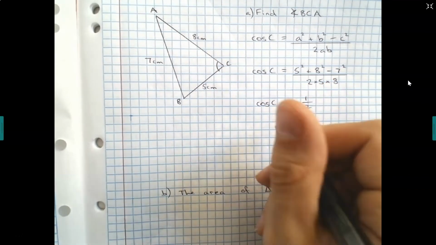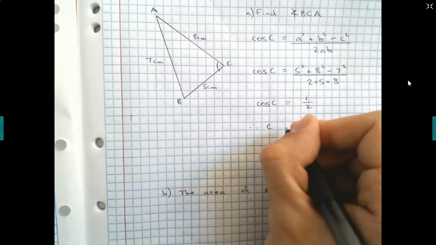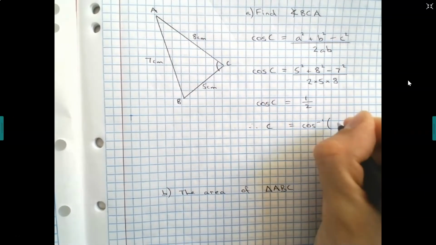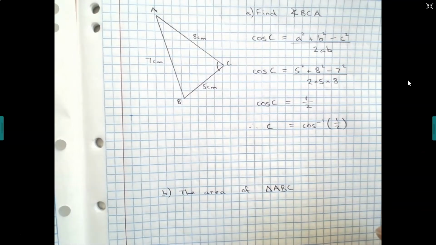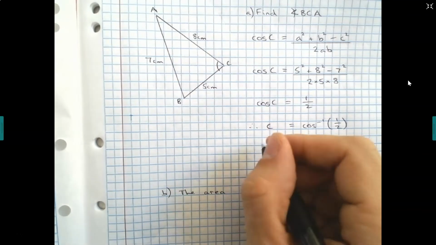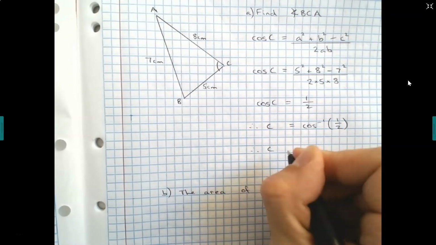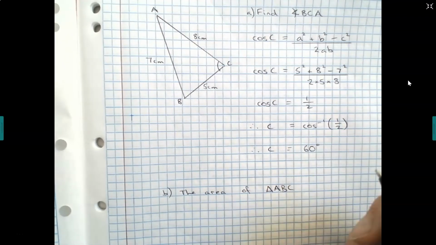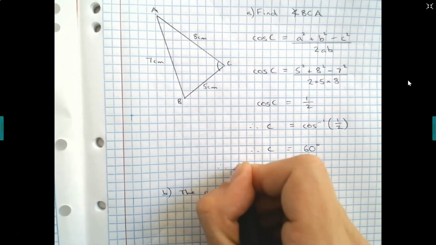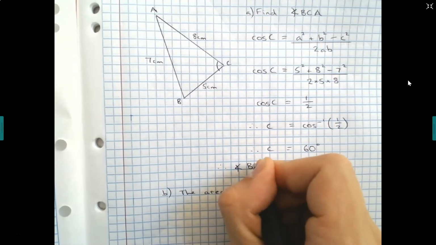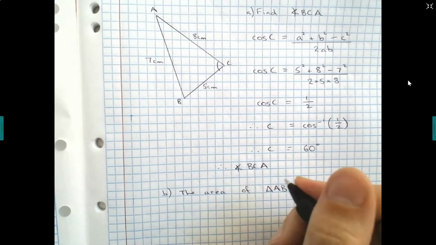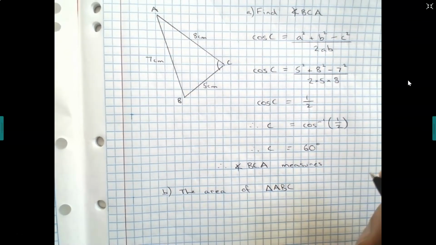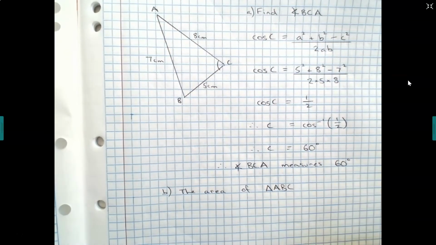Therefore, angle C will be equal to the inverse cosine of a half, which is equal to 60 degrees. So therefore angle BCA measures 60 degrees.